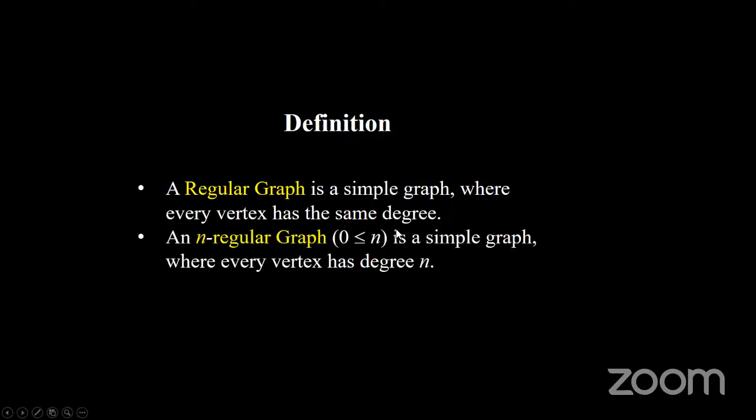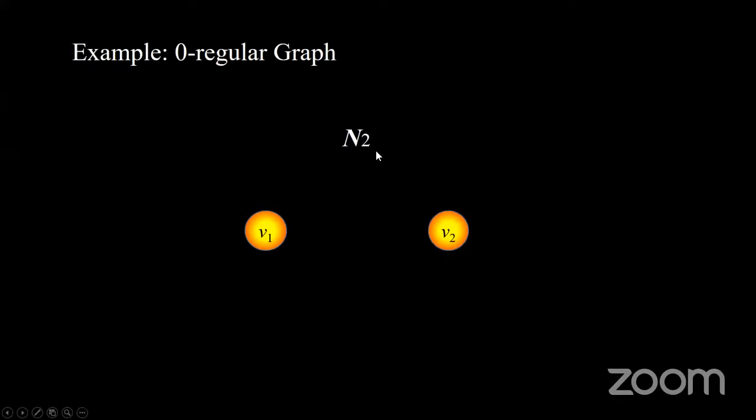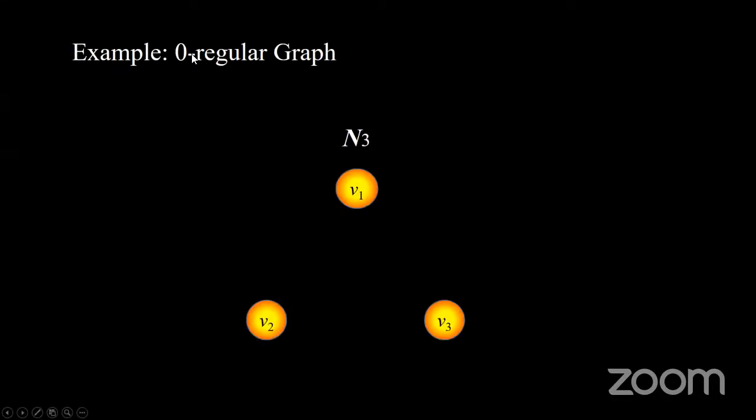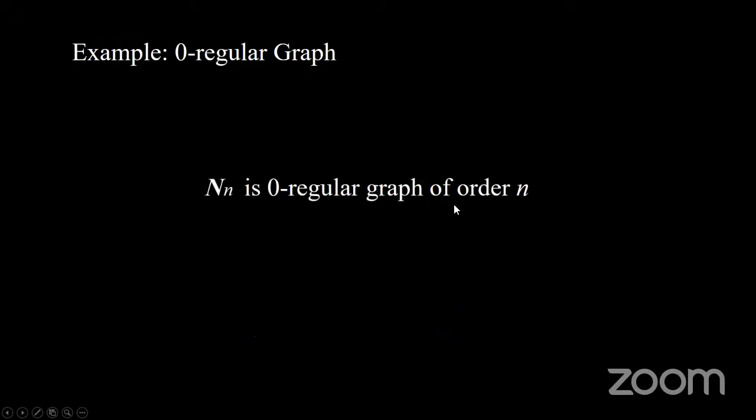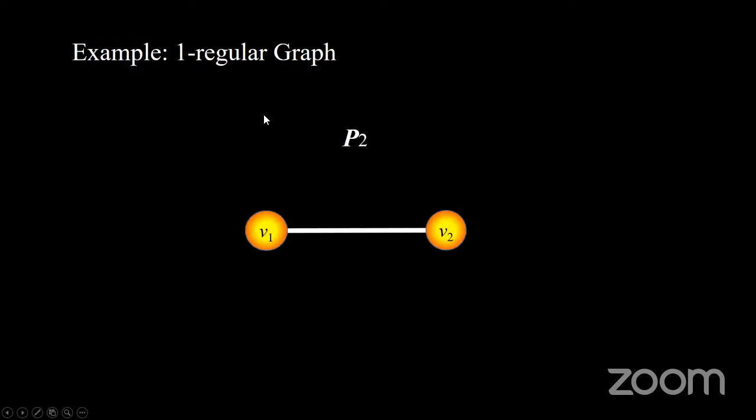Okay, so that's regular graph. Now, a regular graph means that every vertex has the same degree. And an n-regular graph means that every vertex has degree n. Okay, so this one is N0, so that is 0-regular because there are no edges going out. And this one is 1-regular because this one has degree 1, that is that edge. This one has degree 1, that is that edge.